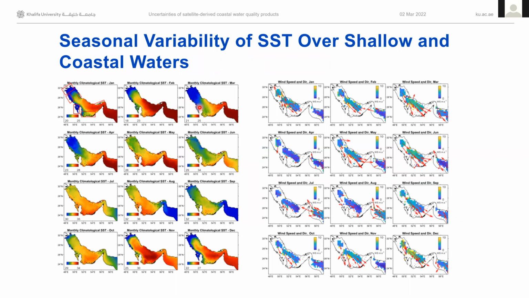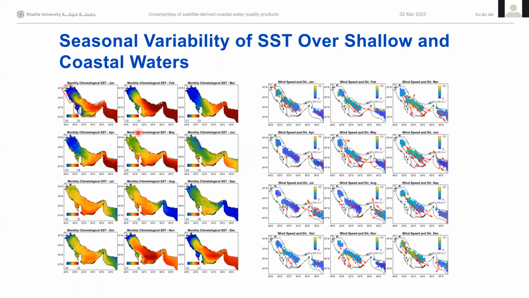However, the opposite happened during the summer season. During the summer, the Sea of Oman shows colder sea temperature compared to the inside of the Gulf, because of the increase in temperature inside the Gulf during the summer season.